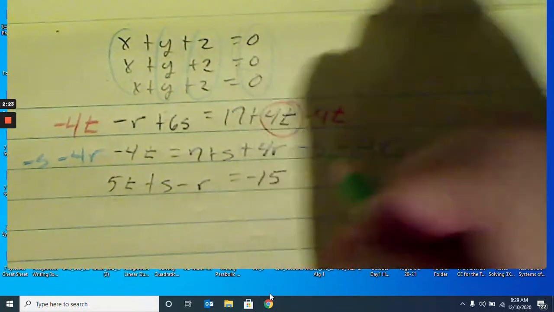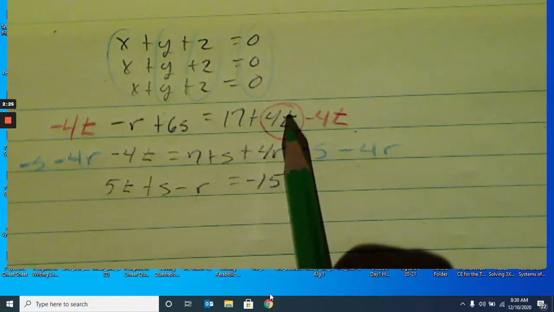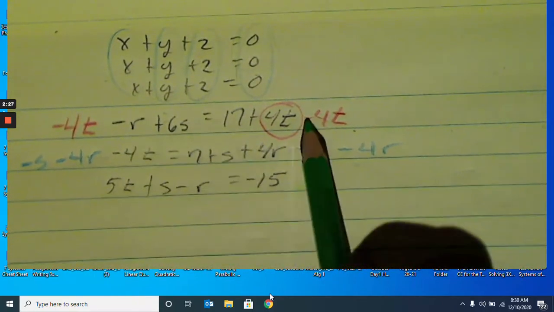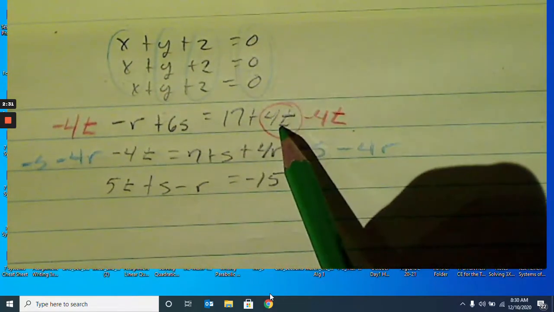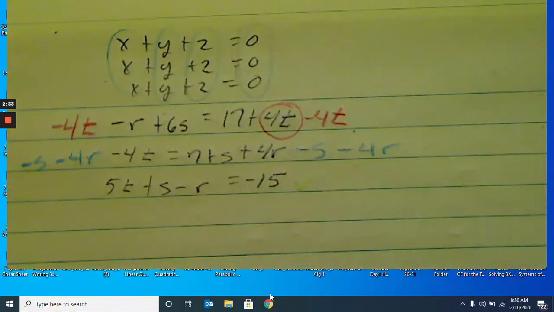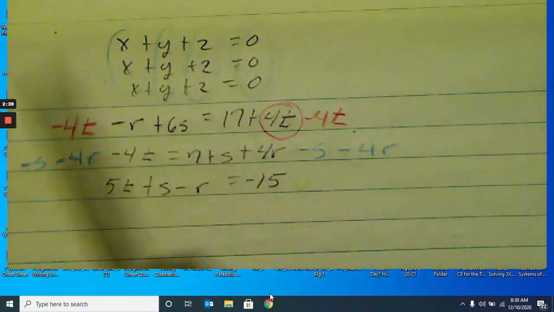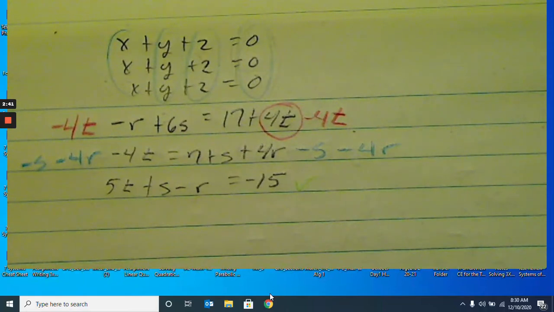So understand that when you move the variables to the left-hand side, you're essentially adding or subtracting them to one side or the other. If it's positive on one side, it has to be negative on the other side. This is what we call balancing the equations, to make sure it's equal on both sides, okay?